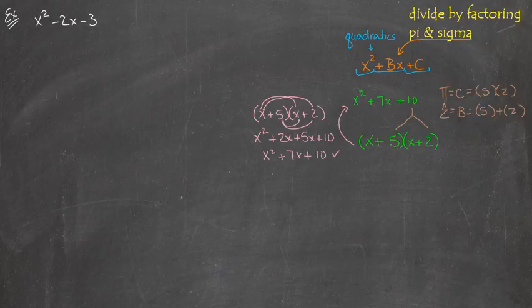That means I can factor it using pi and sigma. So pi means I want the product: two numbers that multiply to give me -3, and I want the same two numbers to add and give me -2.